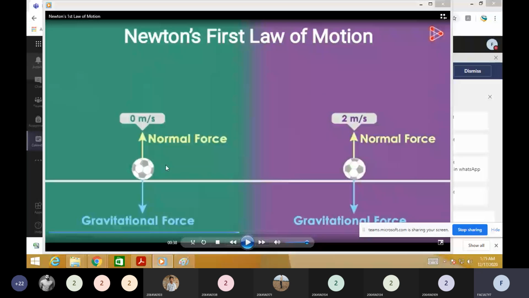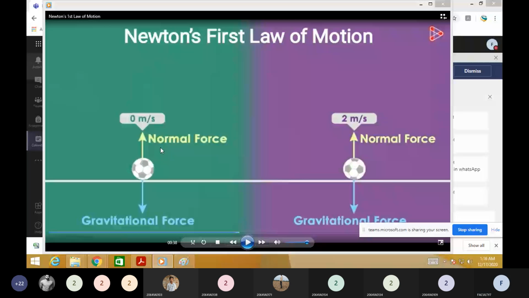Now this particular football is at rest. Why is it at rest? Because it is having two different forces here. The gravitational force pulls towards the downward direction, and the normal force pulls in the opposite direction. Both forces act at a time, and the values of these two are the same.